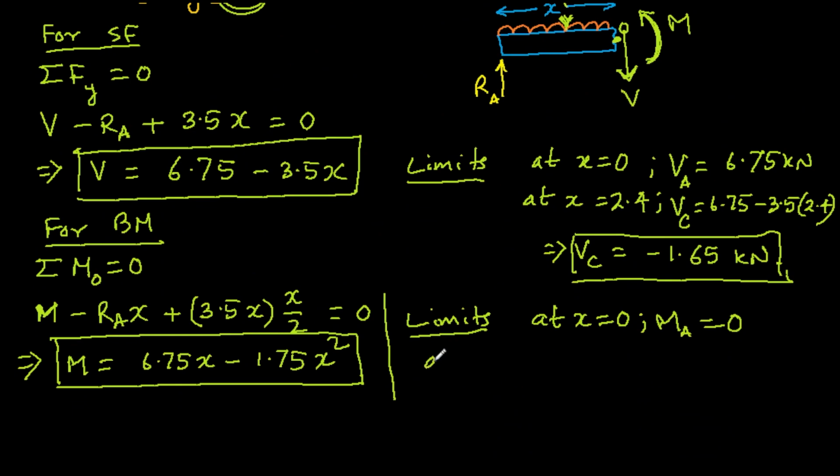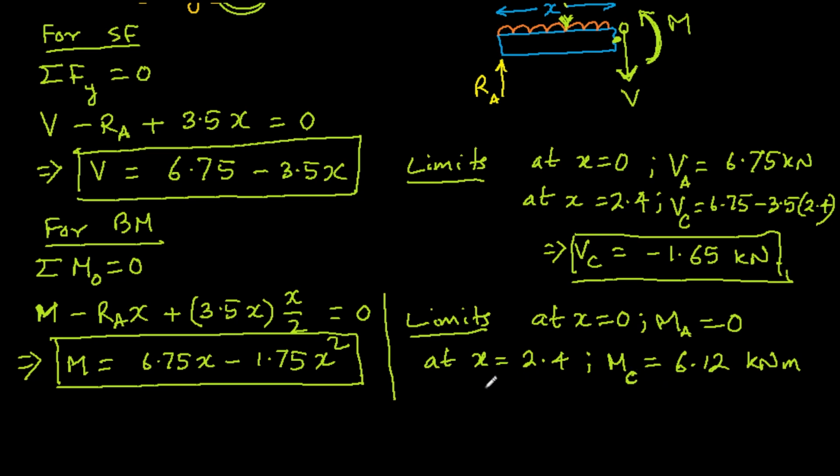So at x is equal to 2.4, we substitute 2.4 here in this place, and you will get the value of 6.12 kilonewton meter. This is not MA, sorry, so this should be MC.